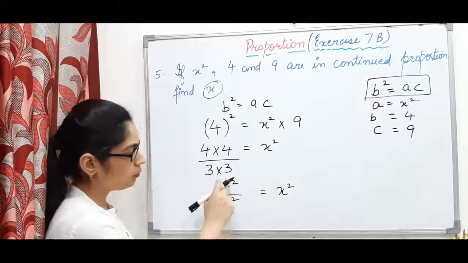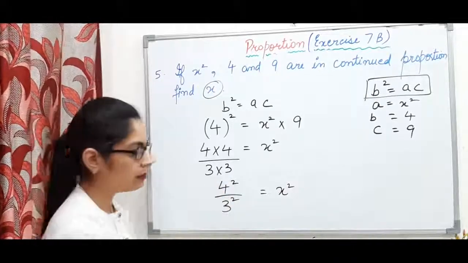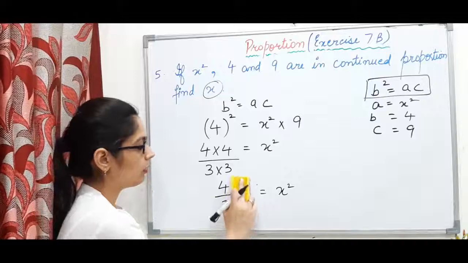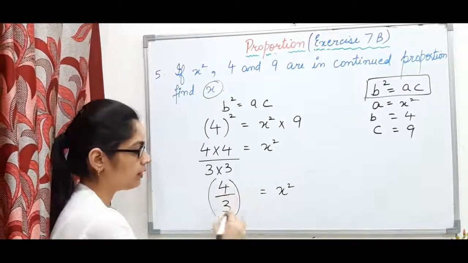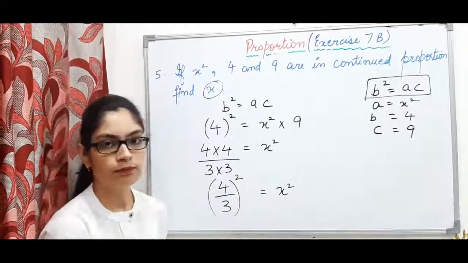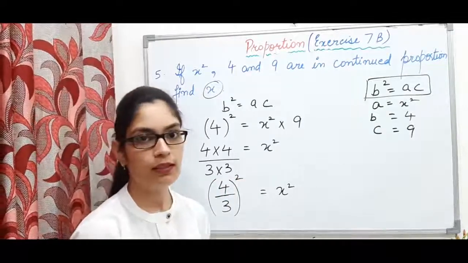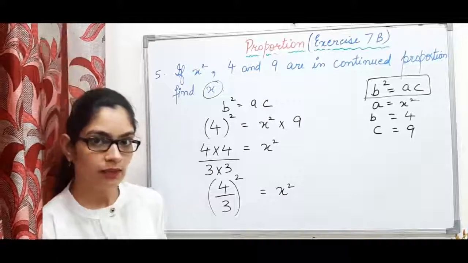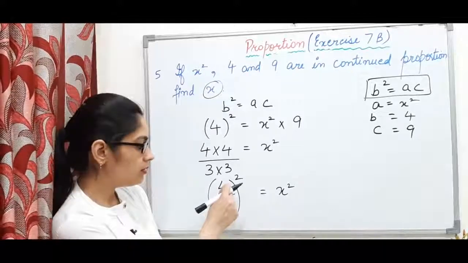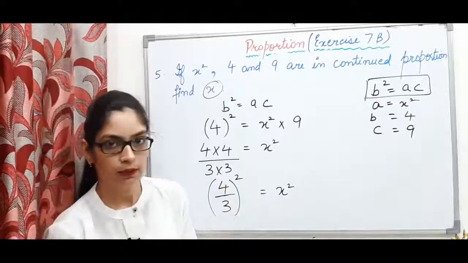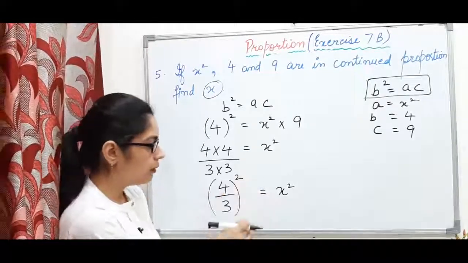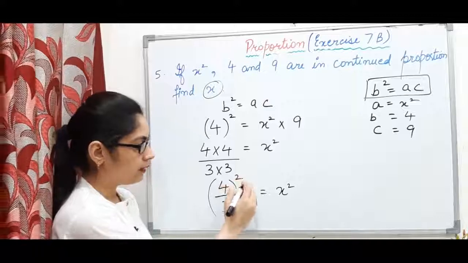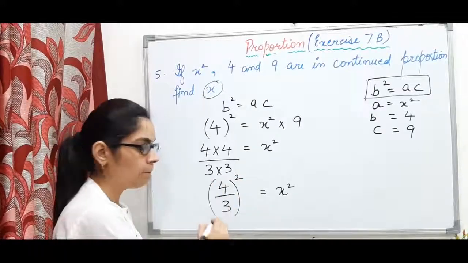Now with 4 also square is there, with 3 also square is there. So instead of writing the square 2 times, I can just write it 1 time. In exponents, in smaller classes, we have already learnt the rules of exponents. If the same power is there with both the numbers, then we can just put this power outside the bracket, because bracket means whole power.